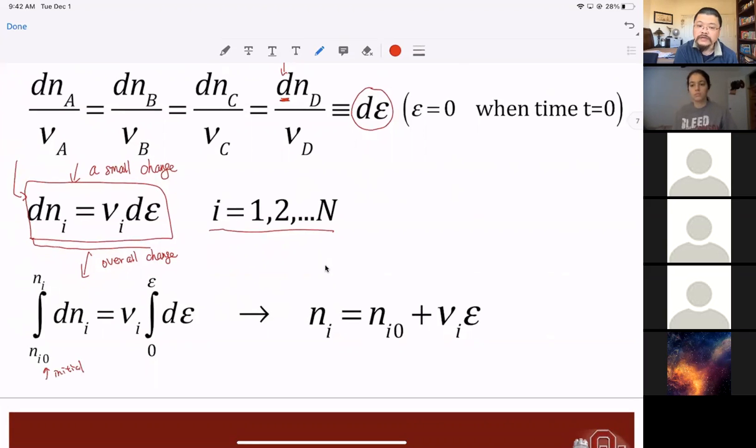It could be 0 if this is a product. It could be some finite value, say 10 mole of methane if this is a reactant. Then I want to see at any time of my interest what would be the number of moles of that component. So this is why we are running the integration from the initial to the final.